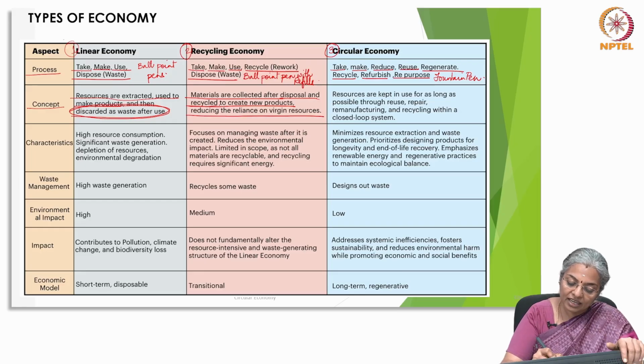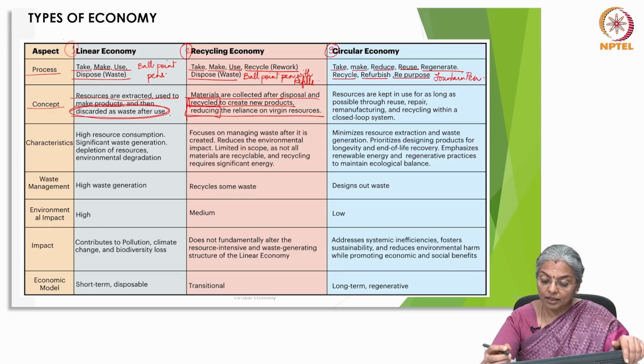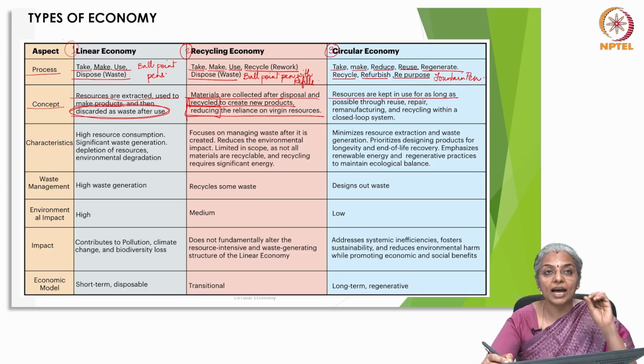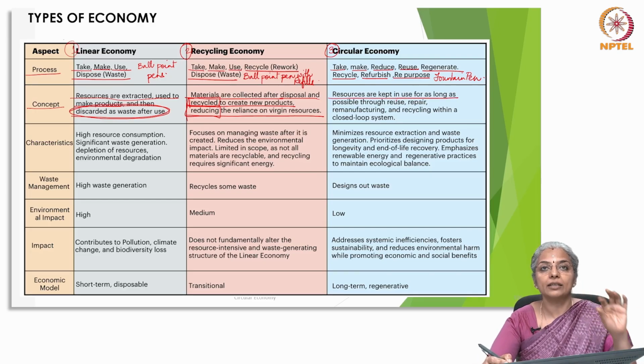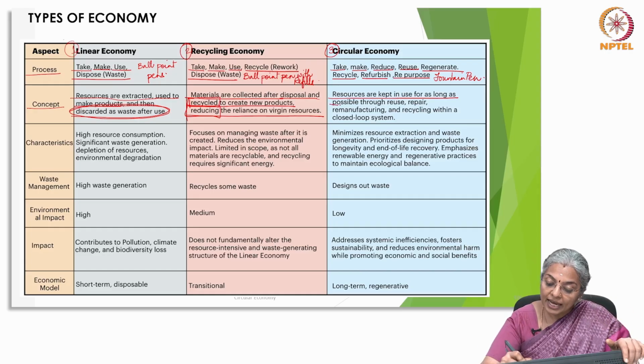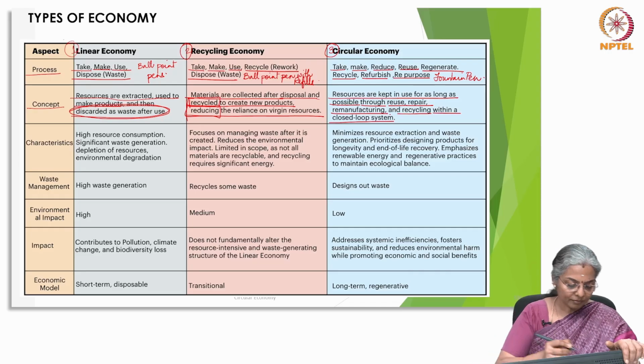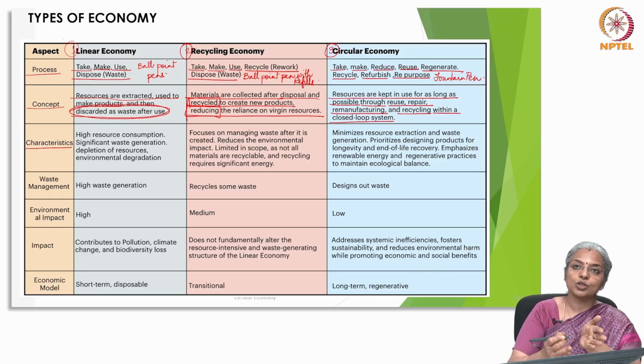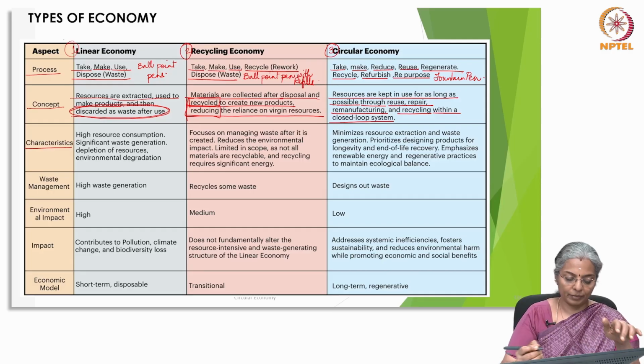So, there is a reduction and there is a recycling involved. Whereas in a circular economy, the resources are kept in use for as long as possible, 50 years, 100 years, 30 years, as long as possible, through means of reuse, repair, remanufacturing, and finally recycling as the last option within a closed loop system. What are the characteristics of each of these types of economy?